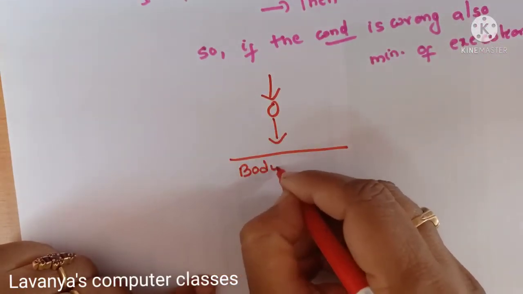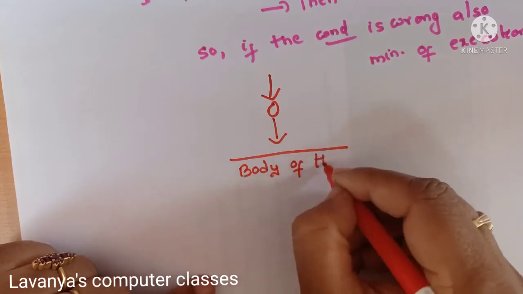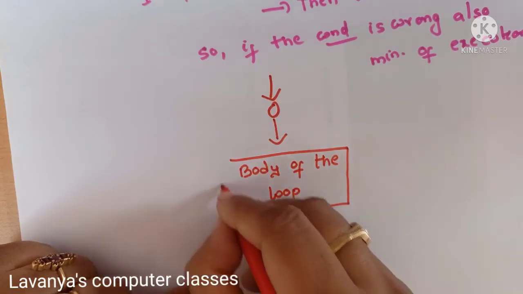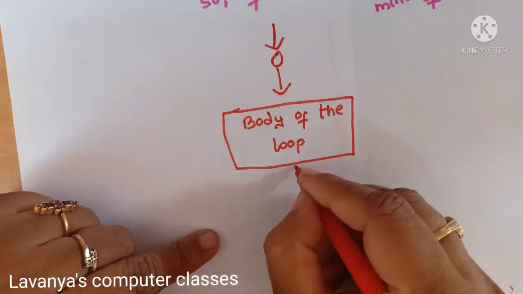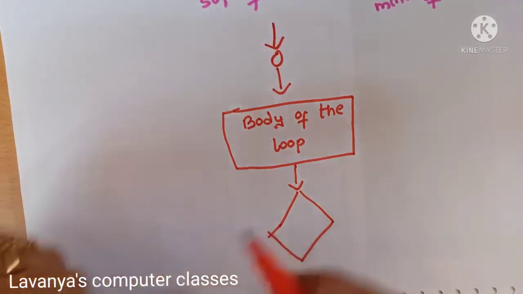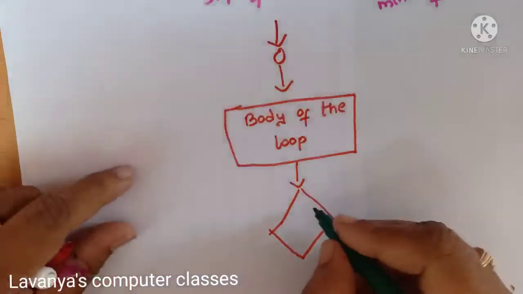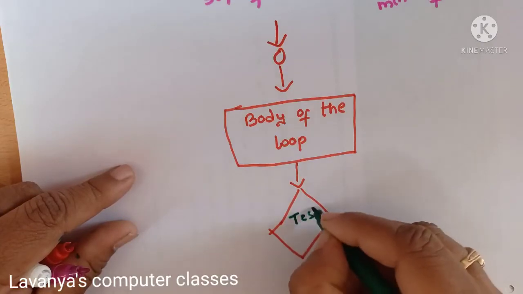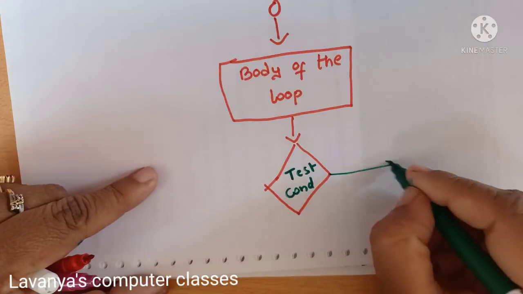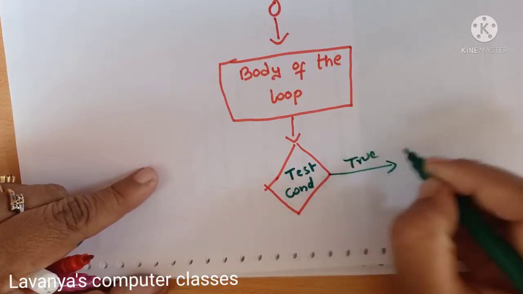So this is the flowchart representation. First, at the entry time, you have to execute the body of the loop. Once the body of the loop is executed, then at the time of exit we have to test the condition. If the condition is true, again it enters into the body of the loop.